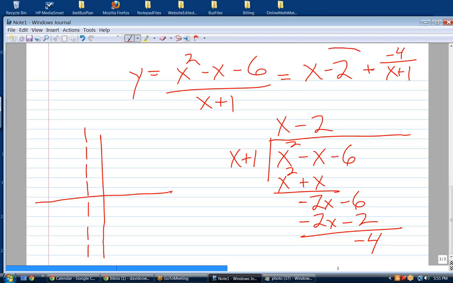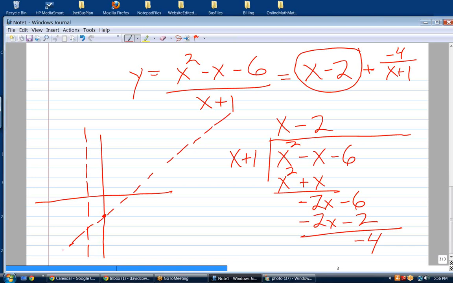This part of it is the oblique asymptote. That's a straight line. In other words, y equals x minus 2 is the oblique asymptote. How would I graph that? I would go to the minus 2. It's got a slope of plus 1.